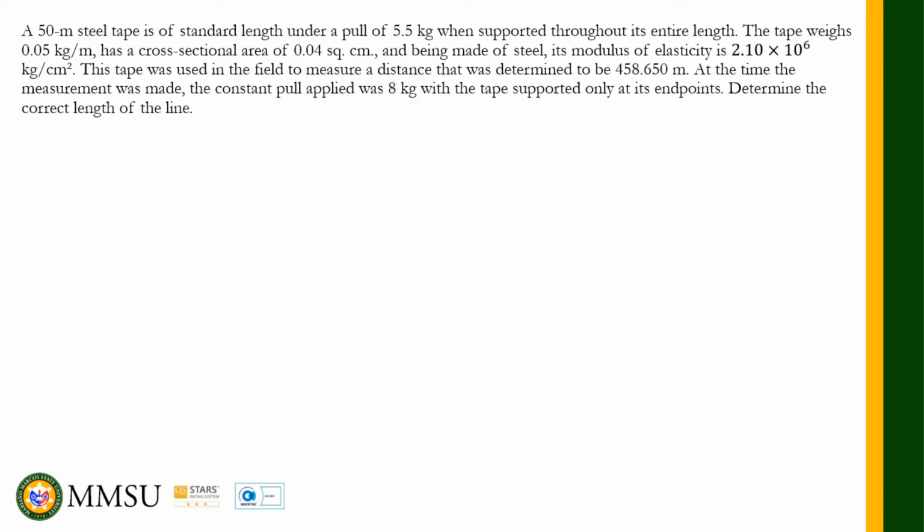This tape was used in the field to measure distance that was determined to be 458.650 meters. At the time the measurement was made, the constant pull applied was 8 kilograms, with the tape supported only at its endpoints. Determine the correct length of the line.